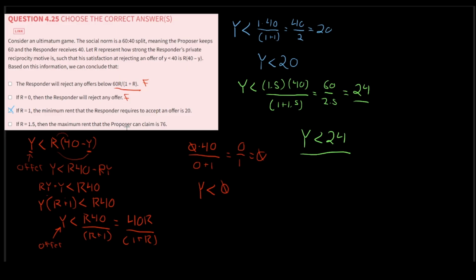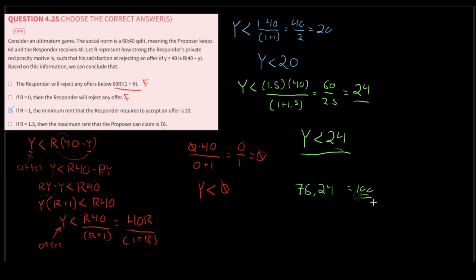So the maximum rent that the proposer can claim is 76. I guarantee you a lot of you are just knee-jerk reaction looking at 76, looking at 24 and saying that's false. We've switched the terms here. We're not talking about the responder anymore, we're talking about the proposer. So if the proposer were to offer 76, that is that the responder would receive 24.